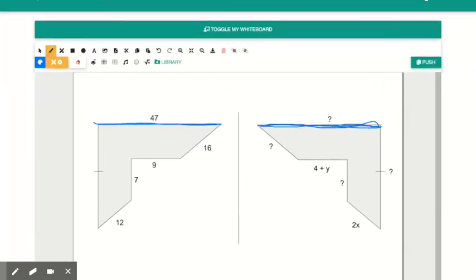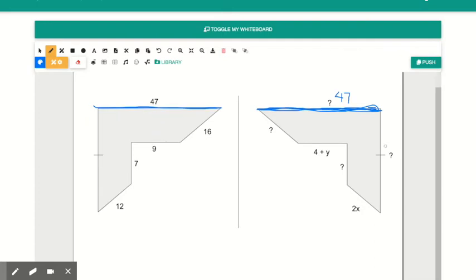Yeah. When you flip it, it's just being flipped to the other side. So basically the same side as the one that says 47. So the top basically would be 47 as well. Okay, so you're saying that because it was flipped, this is also 47 because it matches. Yeah. Okay, thank you, Miguel.